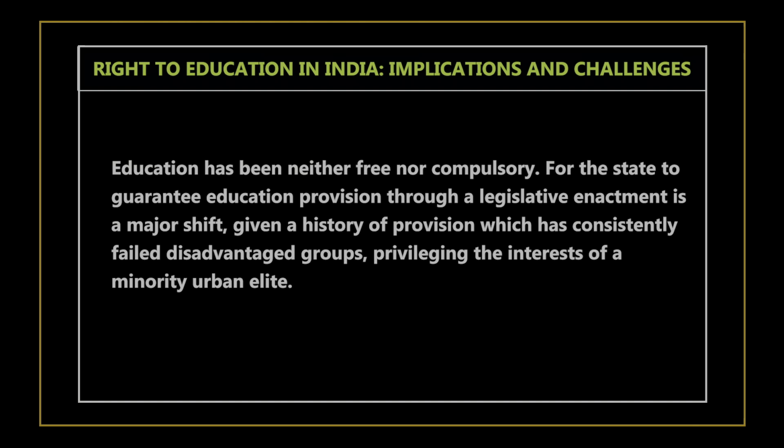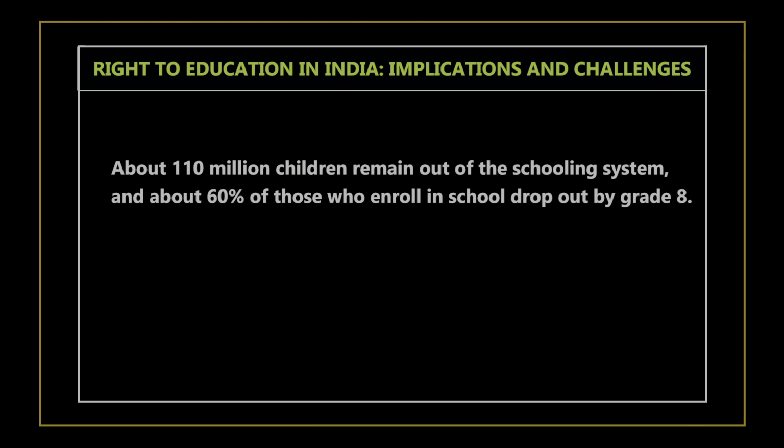For the state to guarantee educational provision through a legislative enactment is a major shift, given a history of provision which has consistently failed disadvantaged groups, privileging the interest of the minority urban elite. About 110 million children remain out of the schooling system and about 60% of those who enroll in school drop out by grade 8.